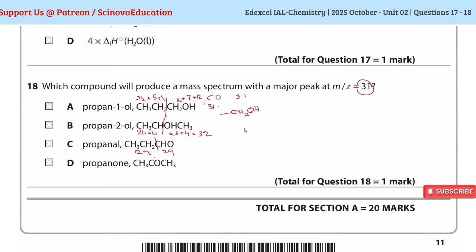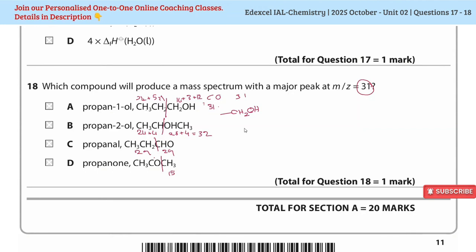Here it can break in this way. CH3 gives 15, and this part is very much heavy, 24 plus 16, they are 40, 43. So the only answer is option A. The only molecule which can make a piece which weighs 31 is only propan-1-ol, 1-propanol or normal propanol.